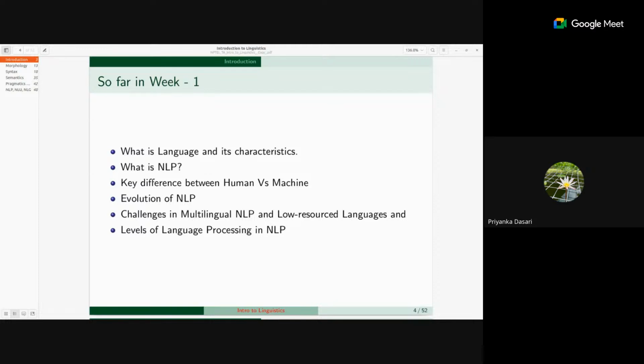We will cover these in later lectures. And lastly, we have seen levels of language processing. So I planned to present more about levels of language processing, which has more linguistic concepts.